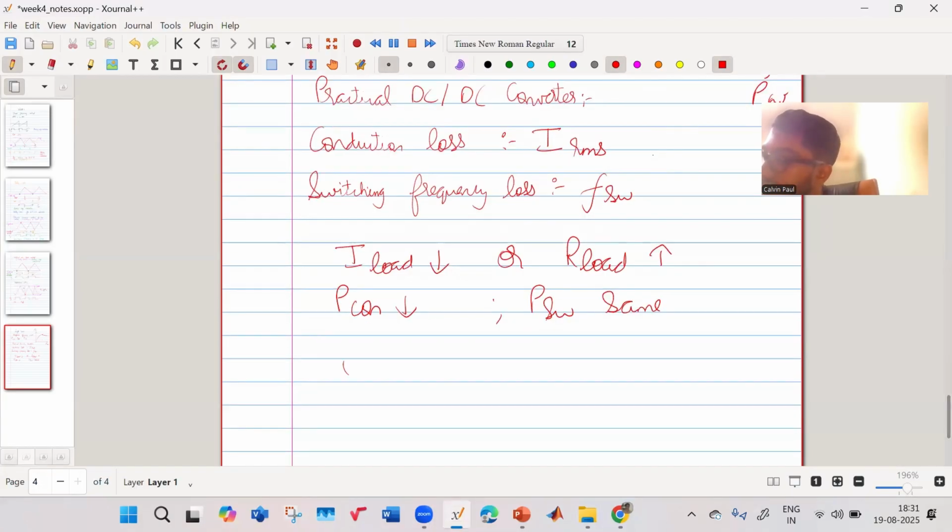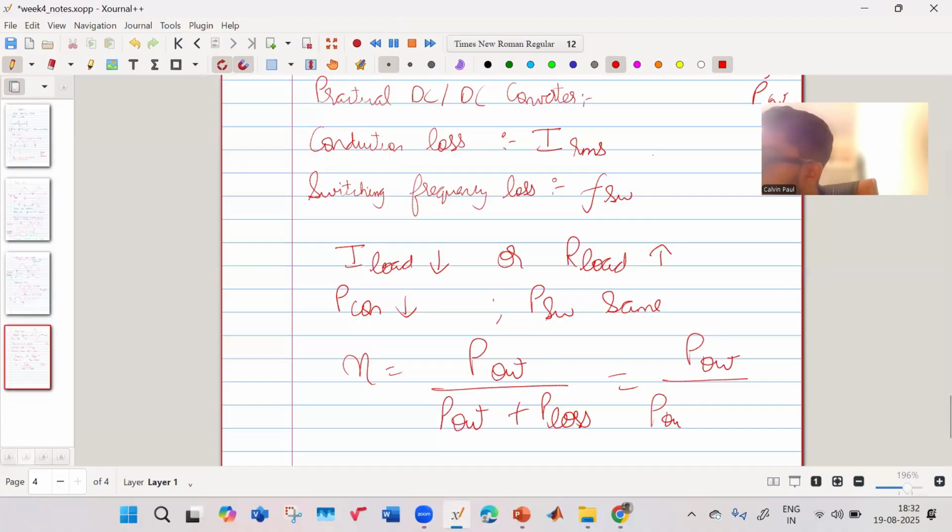So your efficiency, which was what? Your P output upon P output plus P losses. This is your efficiency. This is actually your P output upon P output plus P conduction loss plus P switching loss.